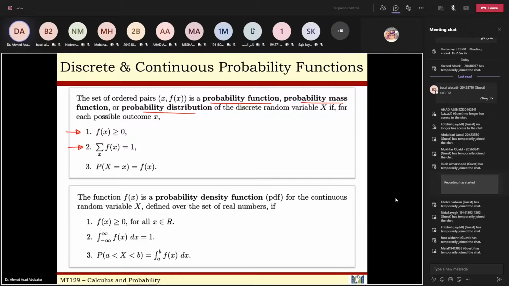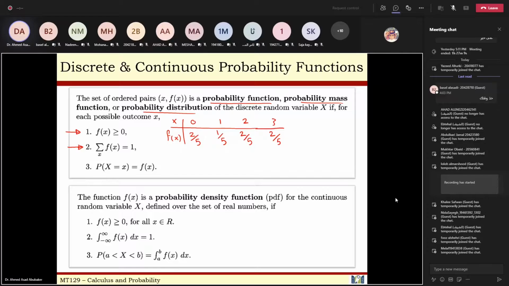For example, look at this. If we have x, the values of x are 0, 1, 2, 3, and f of x is, for example, 2 over 5, 1 over 5, 2 over 5, 2 over 5.